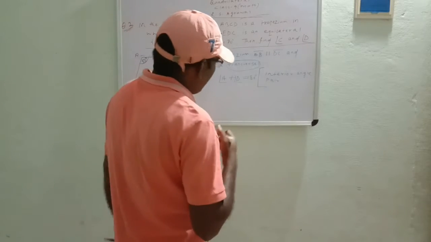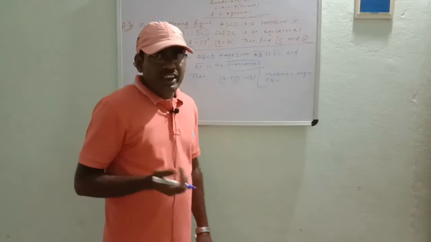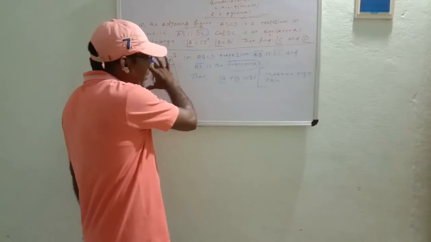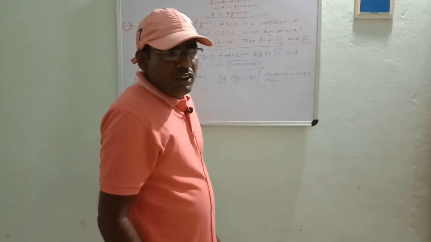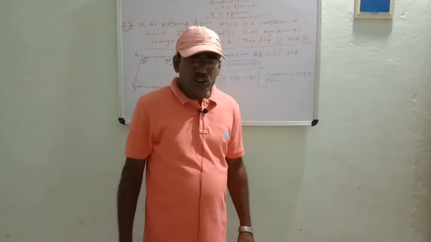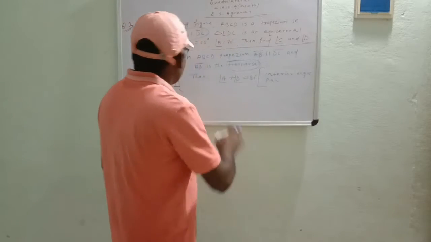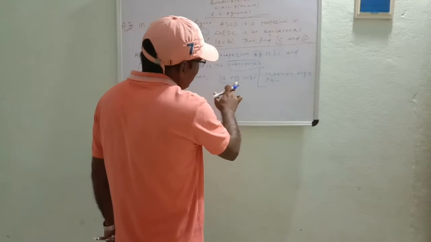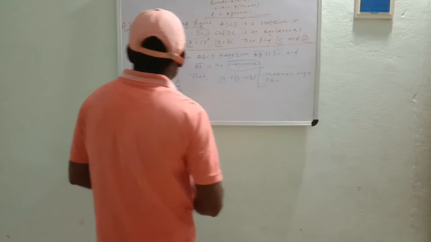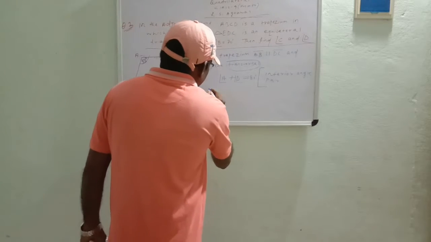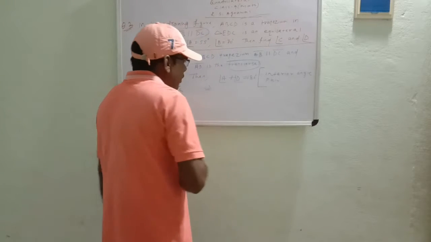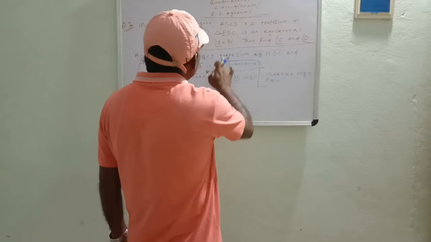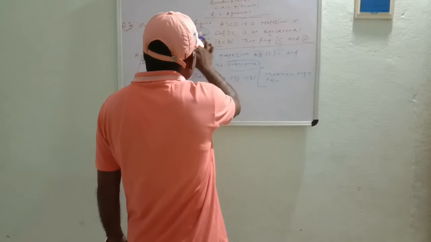So already you know that if two lines are parallel, then the sum of the two interior angles must be 180. Therefore we wrote angle A plus angle D equal to 180 degree. That implies, already you know the degree measurement of angle A, that is 55 degree.